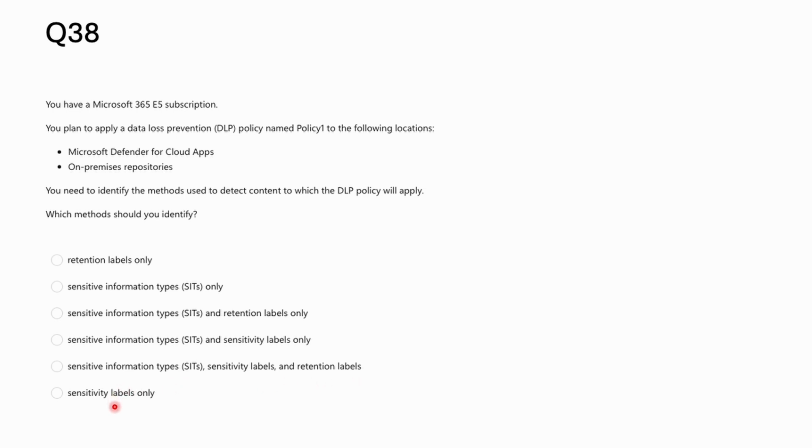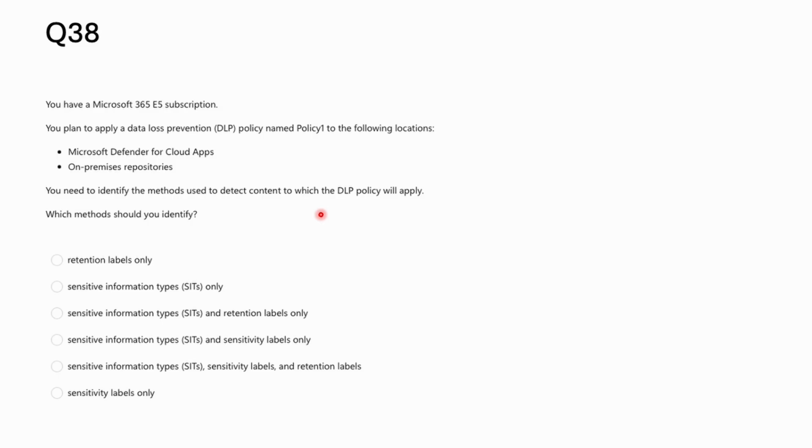Okay, so for data loss prevention, the policy applies to Microsoft Defender for Cloud Apps and an on-premises repository. And the methods used to detect content are what? Sensitive information type, because the DLP policy can use built-in or custom SITs to identify sensitive content based on, you can say, patterns, right?